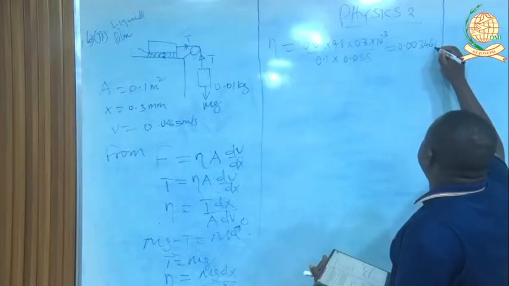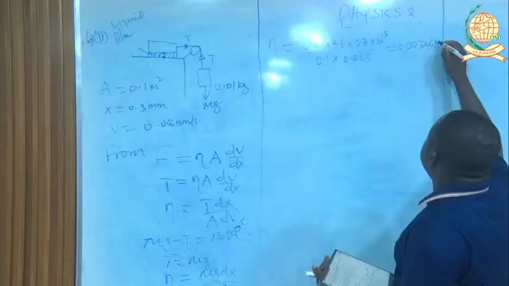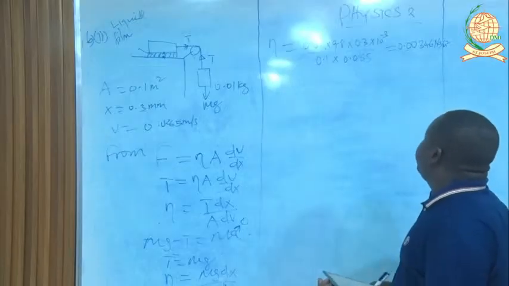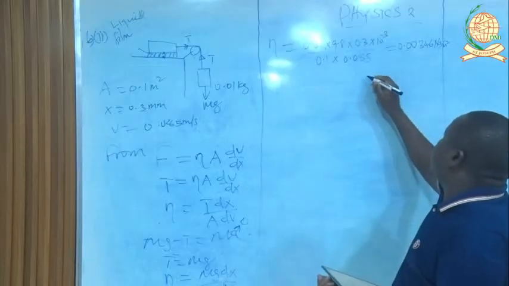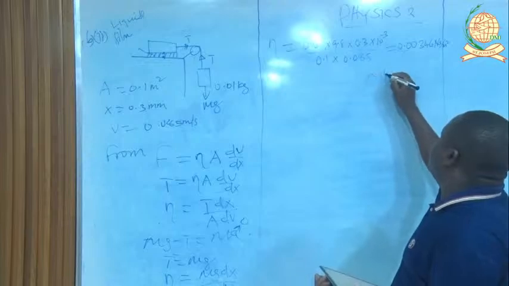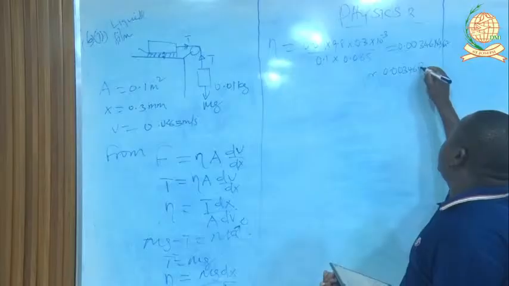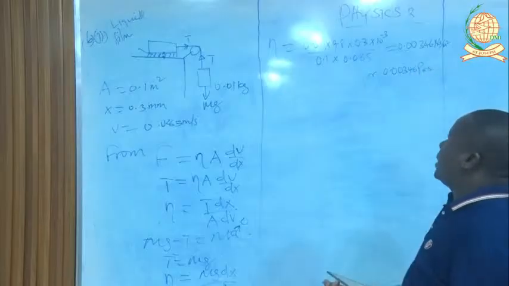Either you can put it in Newton second per meter square or Pascal second. 0.00346 Pascal second.